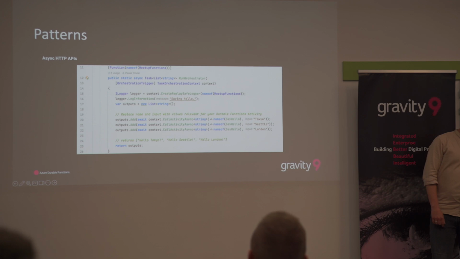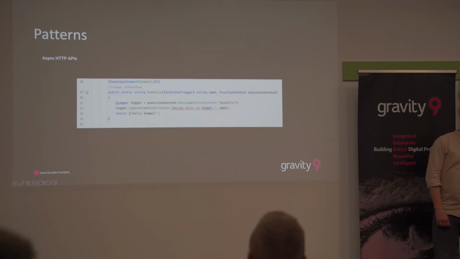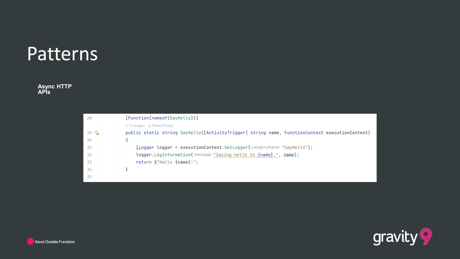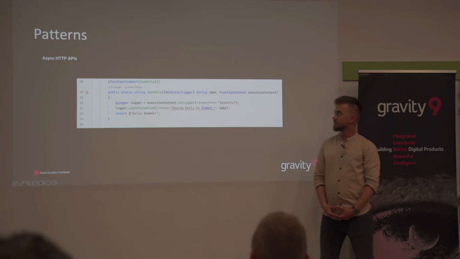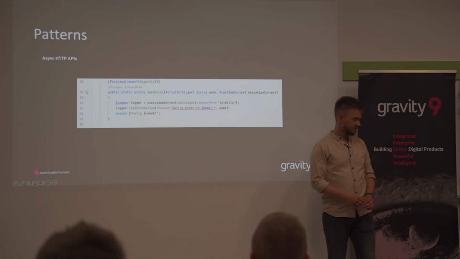And what is important, before I go on, this is a simple function that is executed by the orchestrator. Of course, with logging, you can do something more complex than this. But here we get to the activity trigger, the other one I mentioned in the list of the triggers.